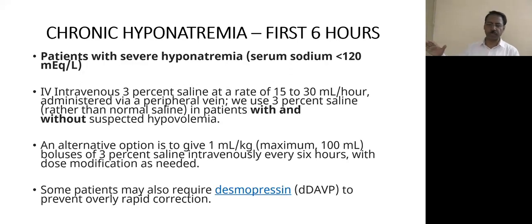Here you are giving it a little bit more continuously over a period of time. Either you give it in this way, or you can give it every 6 hourly in the other dose. And these are the group where some patients may require desmopressin to prevent over rapid correction. So this is the management of chronic hyponatremia who has a severe hyponatremia less than 120.